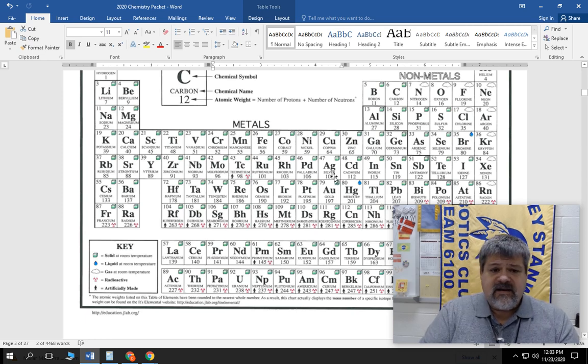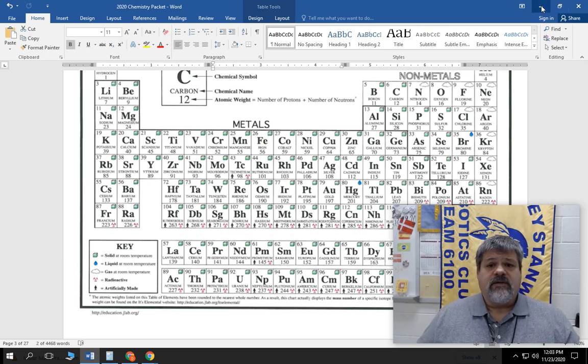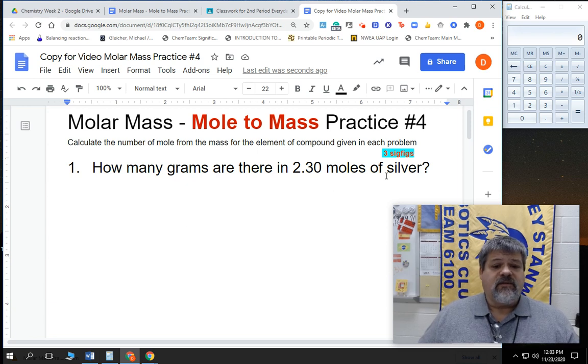As long as it's not diatomic, whatever the atomic weight is, that's how many grams 1 mole weighs for elements. For compounds, we have to calculate all the different elements that are involved. So we'll go back to silver. We know that silver is Ag, and we also know that it is 108 grams.